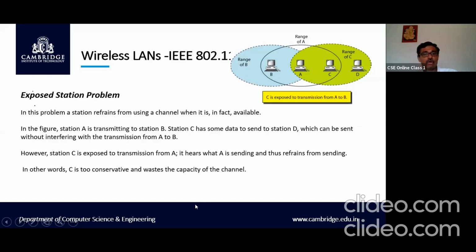So that is called the exposed station. C is exposed to A, and therefore transmission from C to other stations is stopped here. Of course, it is a waste of capacity of the channel; the channel cannot be used by other stations.